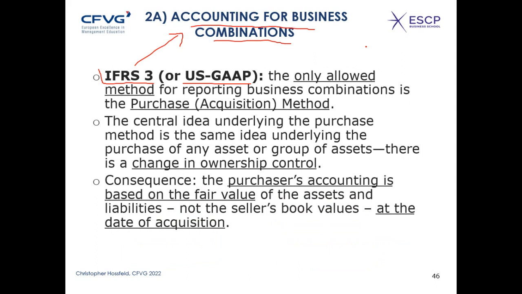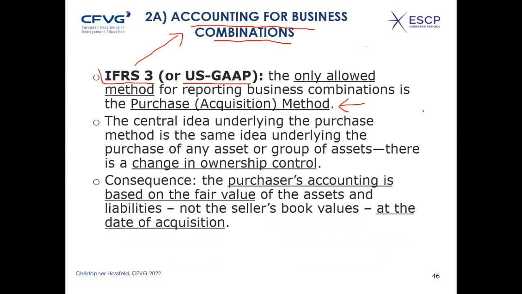And what is the approach when I do this accounting for business combinations? Basically, I use what is called the purchase or acquisition method. And that means basically I will treat the acquisition of a whole company exactly the same way as if I bought just individual assets.